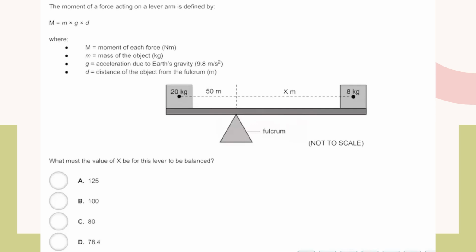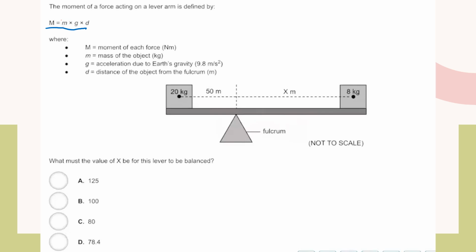The moment of a force acting on a lever arm is defined by this formula: M equals m times g times d, okay? Now they say in this diagram that both of these are equal, and they're asking, if both of these are equal, what's the value of x? To find this, you have to find the capital M of both of them.